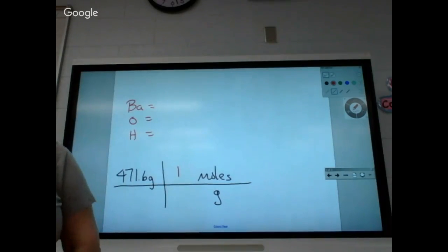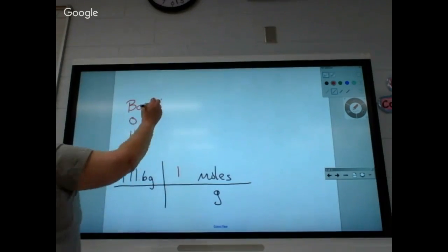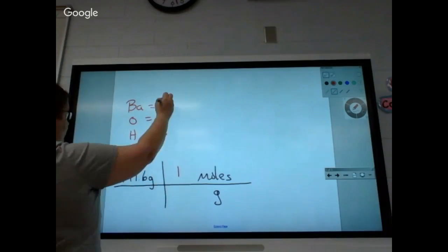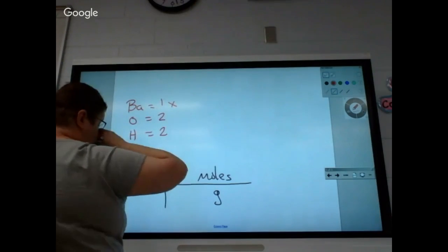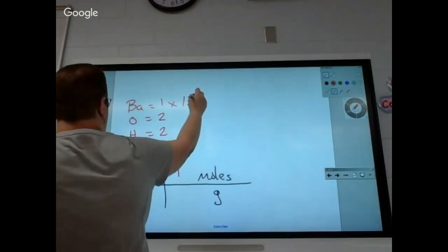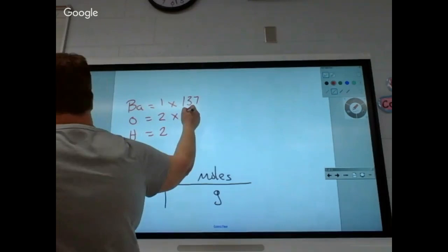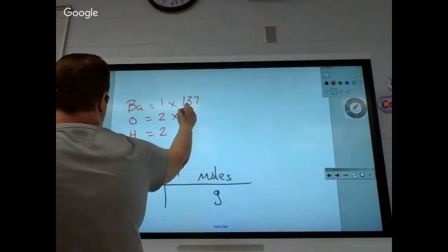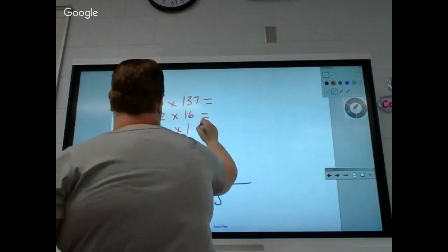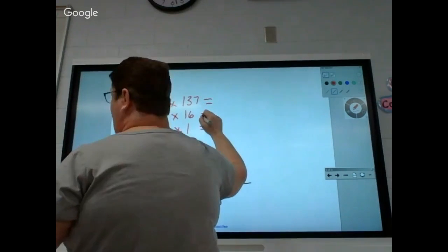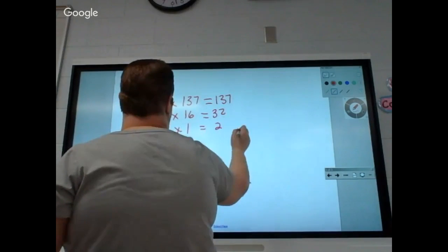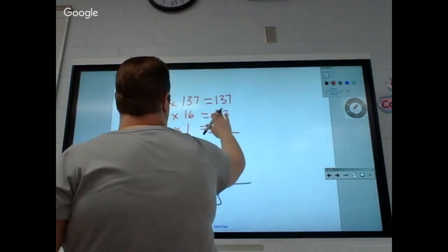How many Ba's are there? Okay. How many O's? 2. How many H's? 2. Okay. Barium has a mass of what? 137. Okay. And O? And H? Okay. Those are right. I mean, Ba has a decimal that, you know, we could have used as like 0.3, but short of that, it's not hugely impactful.